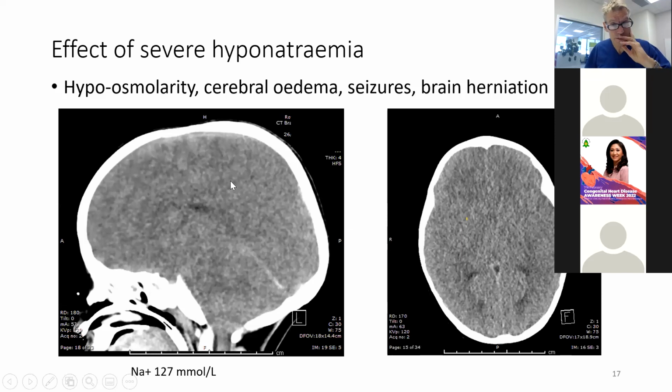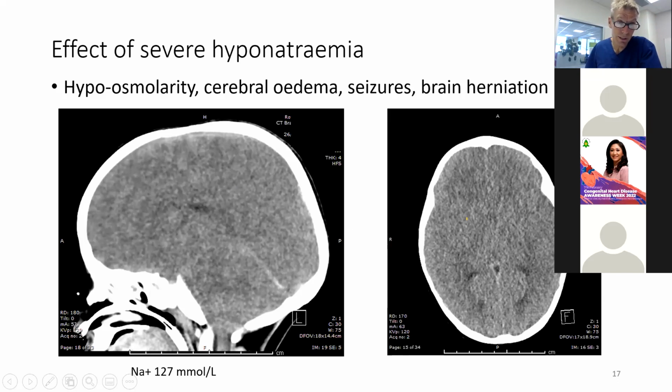This is the CT scan of a child who had a rapidly falling serum sodium with hypoosmolarity, and that child developed cerebral edema and seizures. And you can see how swollen this child's brain is. In fact, there's not just diffuse swelling, but there's coning of the cerebellum through the foramen magnum.